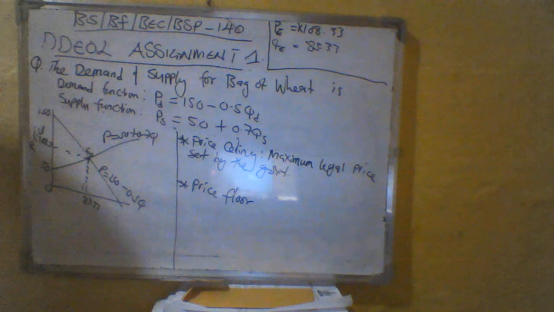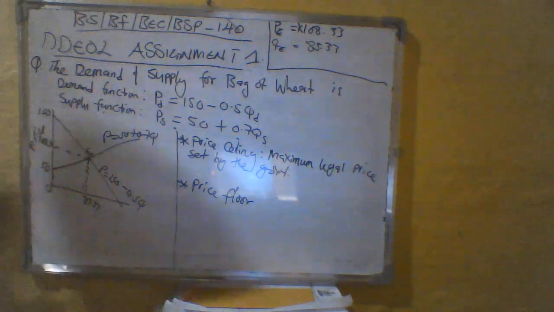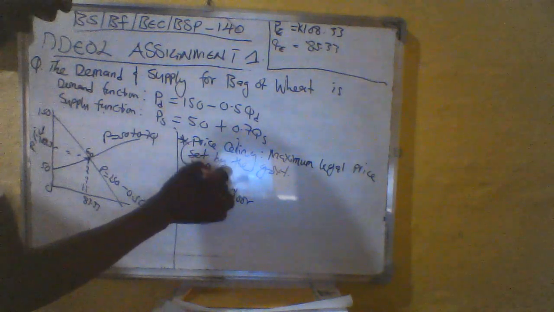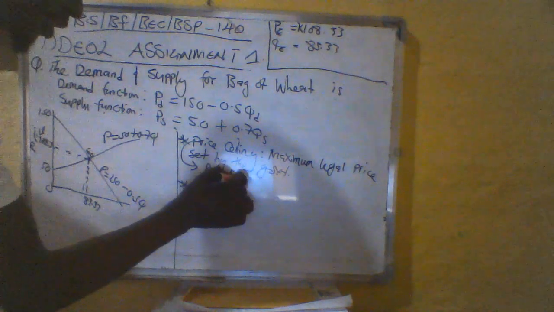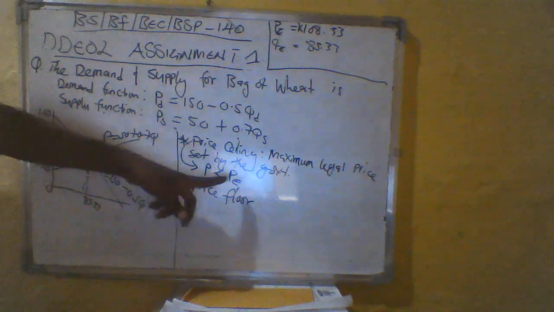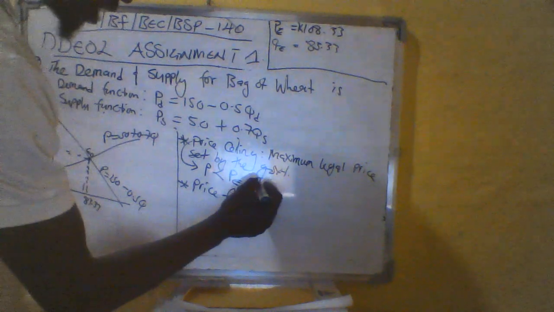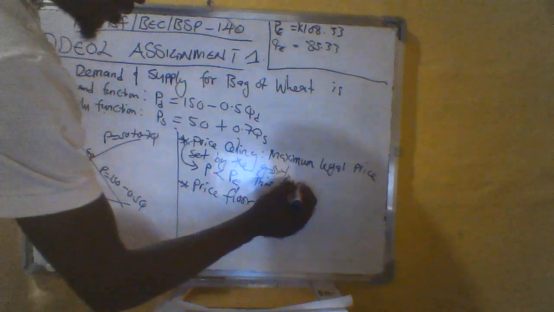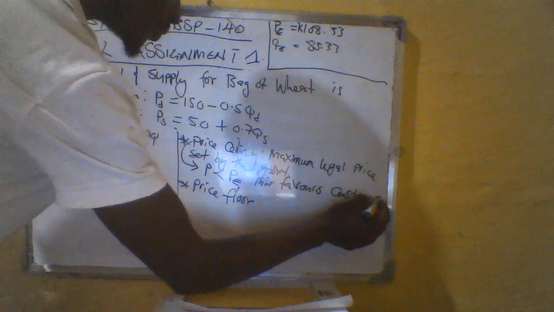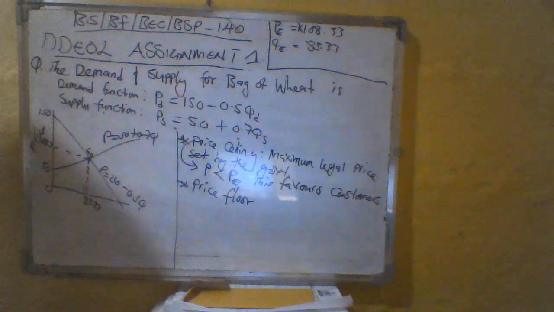And in most cases, the price ceiling is always less than the equilibrium price. A price ceiling, when it is imposed, should always be less than the equilibrium price. It means this favors customers.